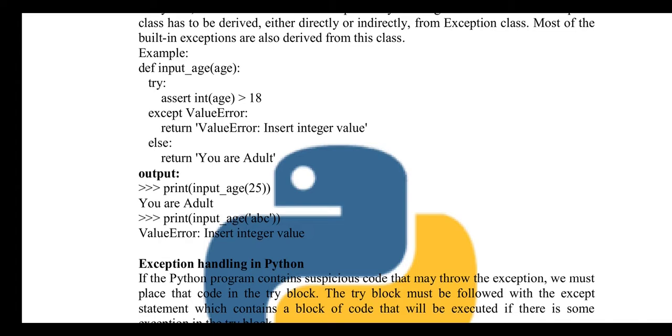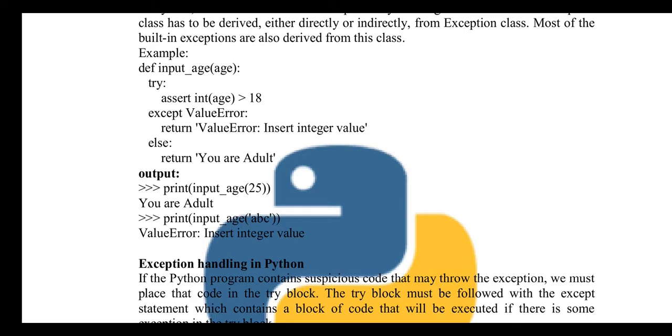When you call print input age with the value 25, it says you are adult. But when you call the same function with a character value, that is abc, at that time it's going to show you a ValueError, that is, insert integer value.